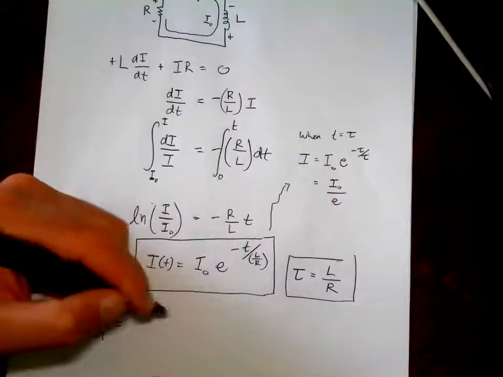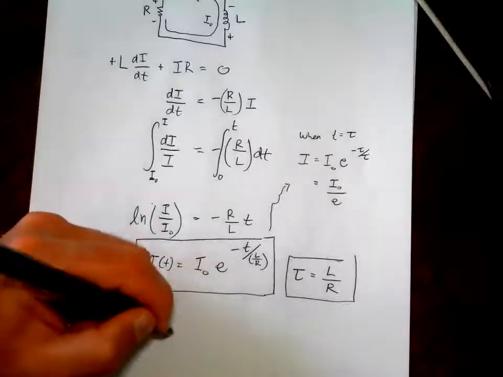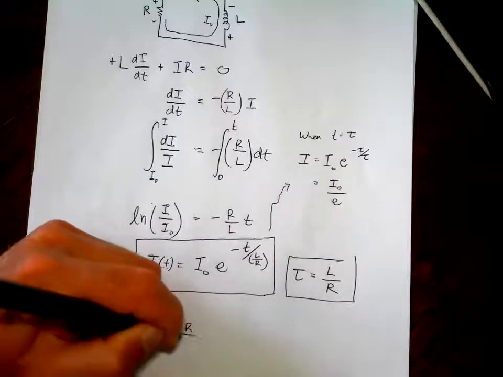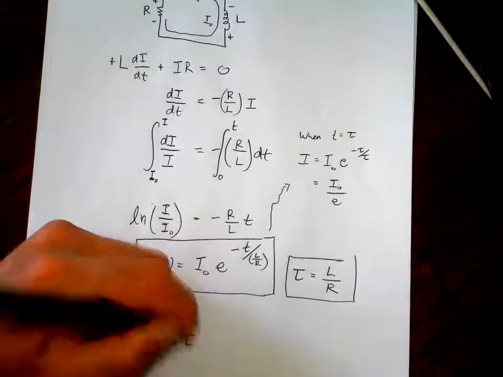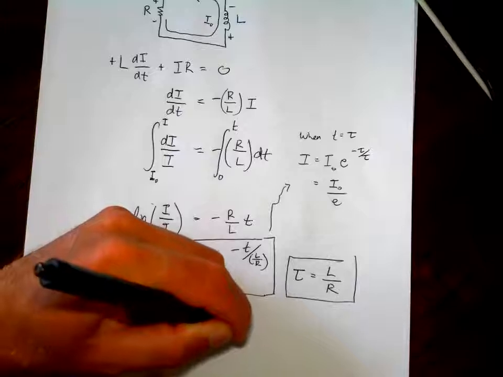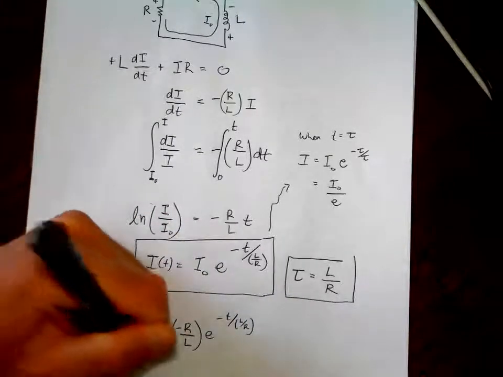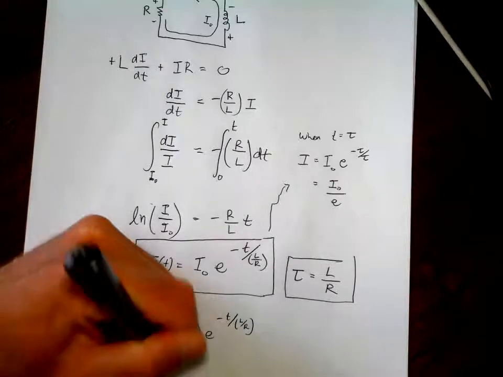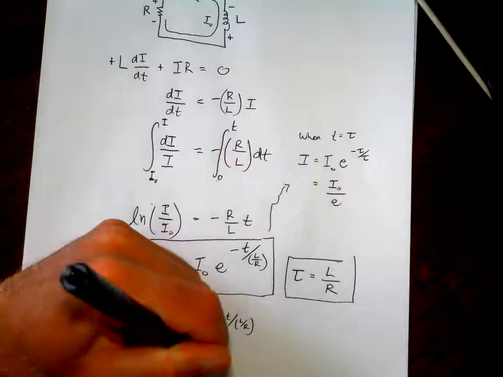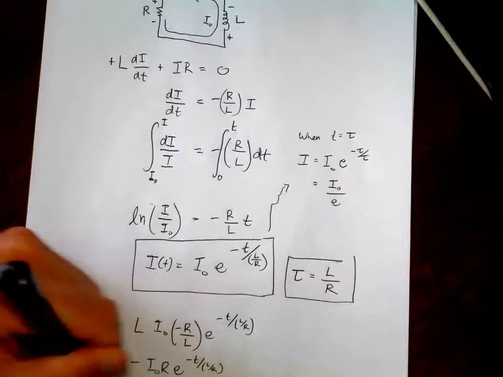We get L times the derivative, which is I naught times minus R over L times e to the minus t over L over R, which is equal to minus I naught times R e to the minus t over L over R. So this is the voltage as a function of time.